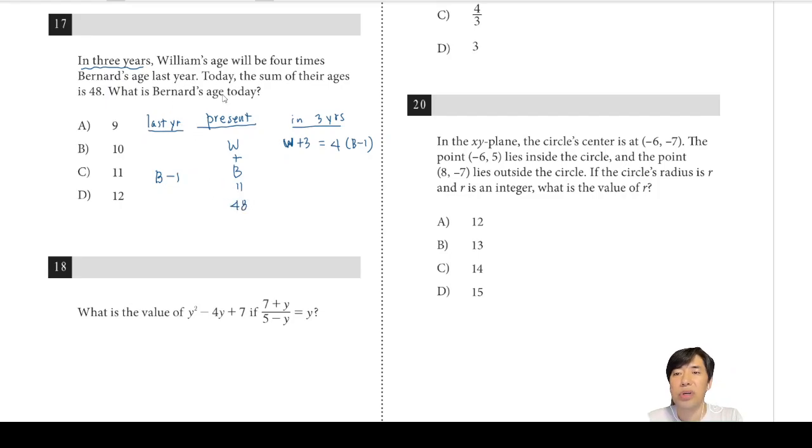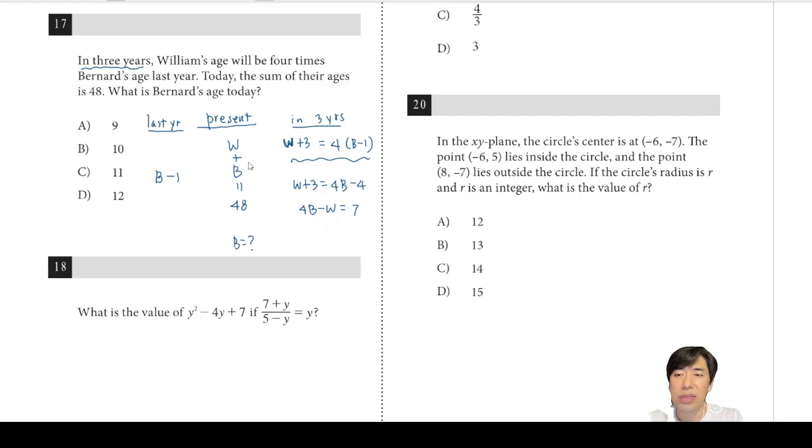What is Bernard's age today? So what's B? That's what the question is asking. So from here, let's rearrange that. W plus 3 is 4B minus 4. So 4B minus W is equal to 7.